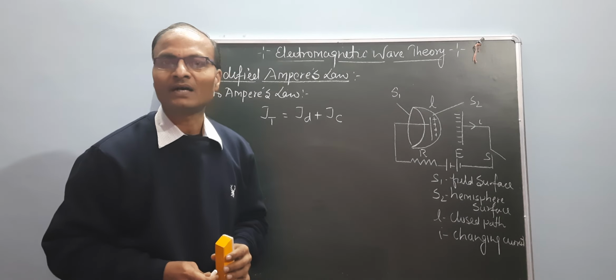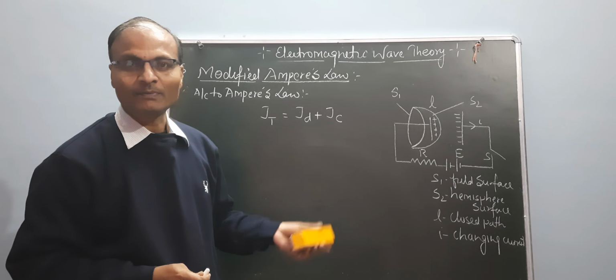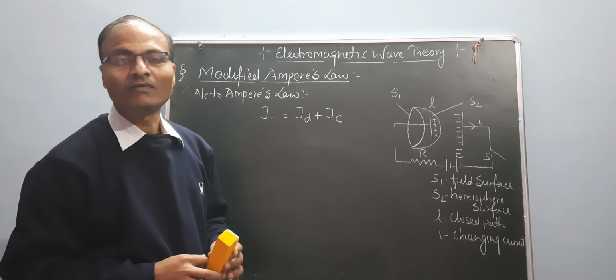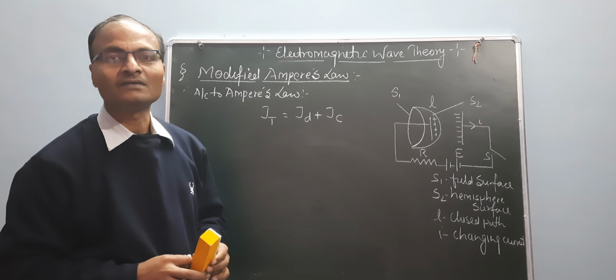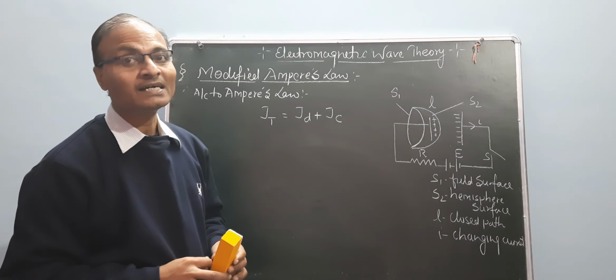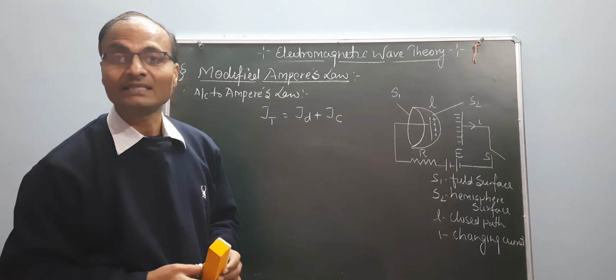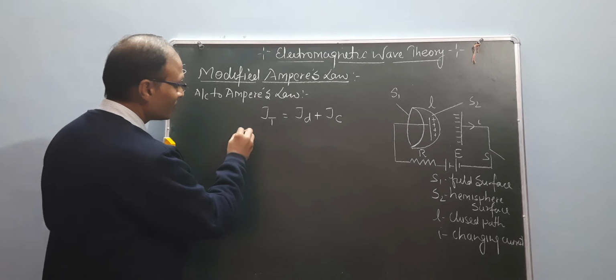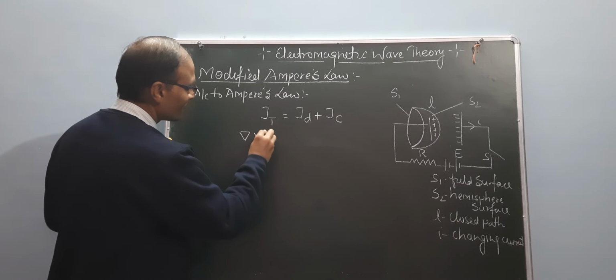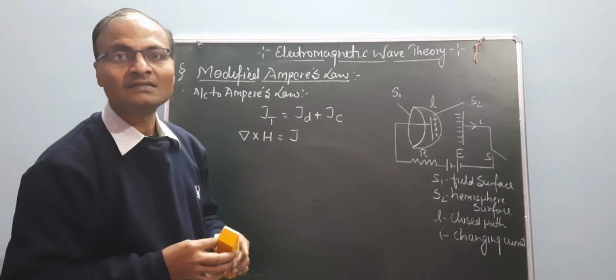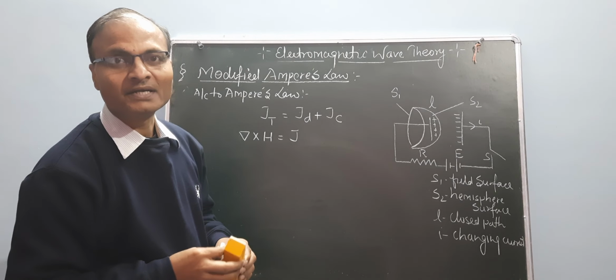Now I am going to explain the modified Ampere's law. What is the modified Ampere's law? We have discussed Maxwell's fourth equation, which is called Ampere's law. What is Ampere's law? Del cross H equal to J. This is Ampere's law.